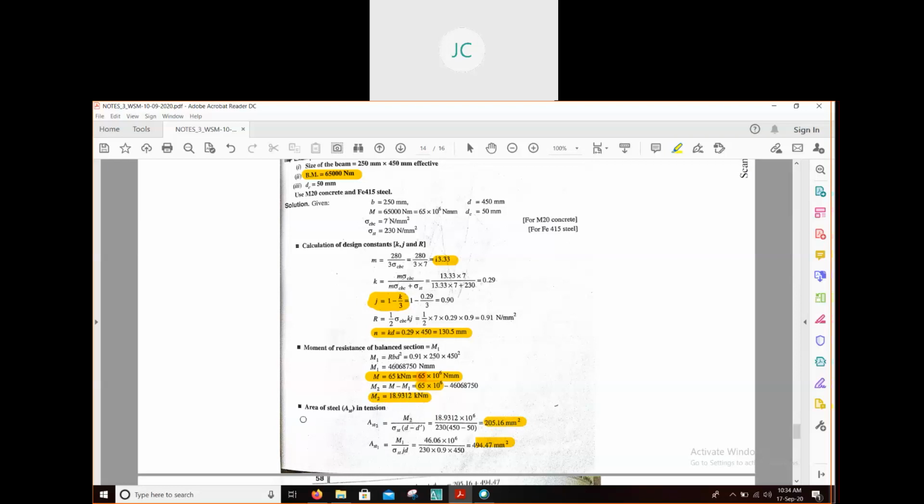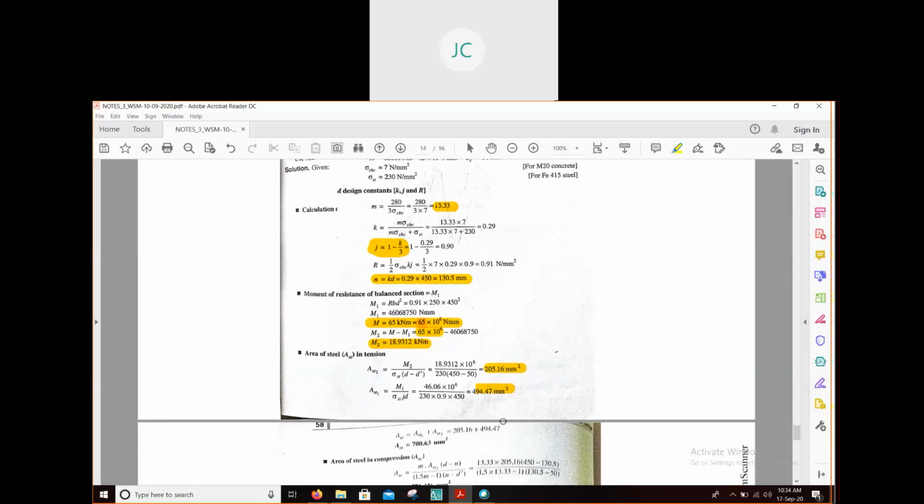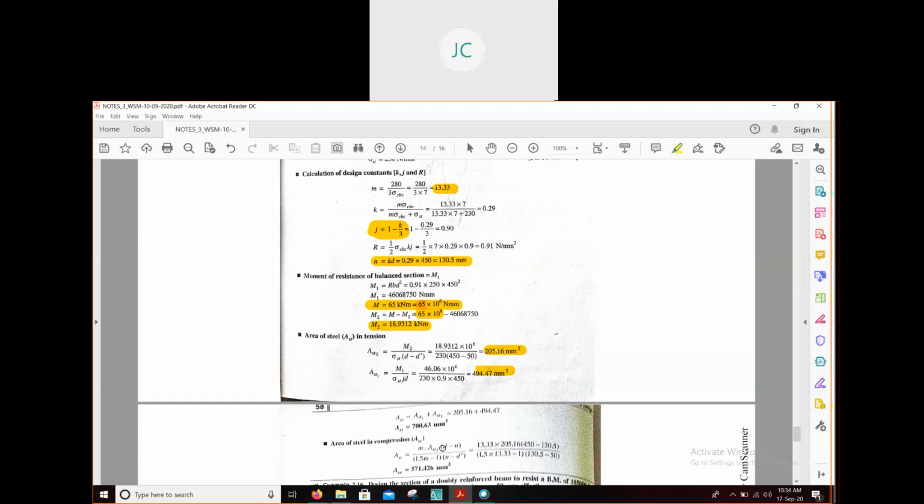So the total area of steel in tension will be AST1 plus AST2. You add the values and you will get the answer.